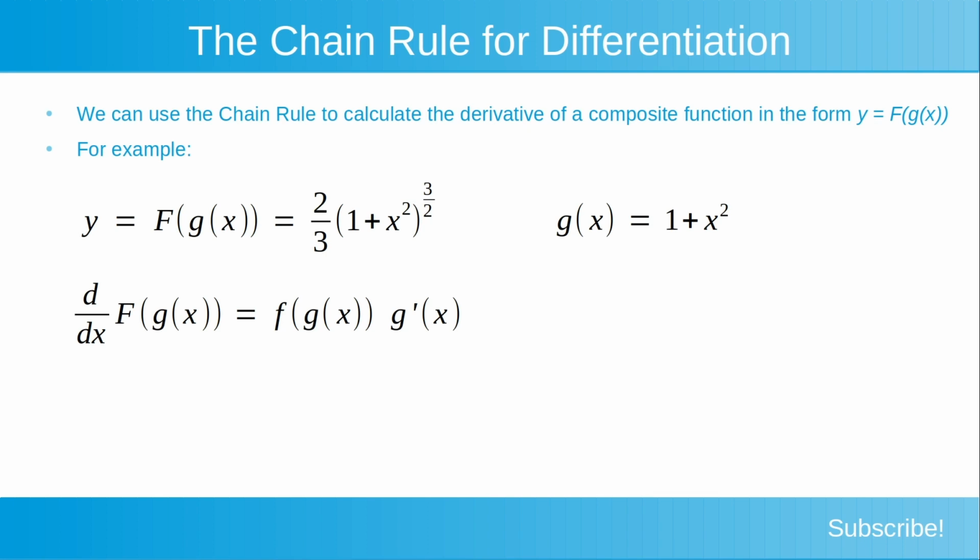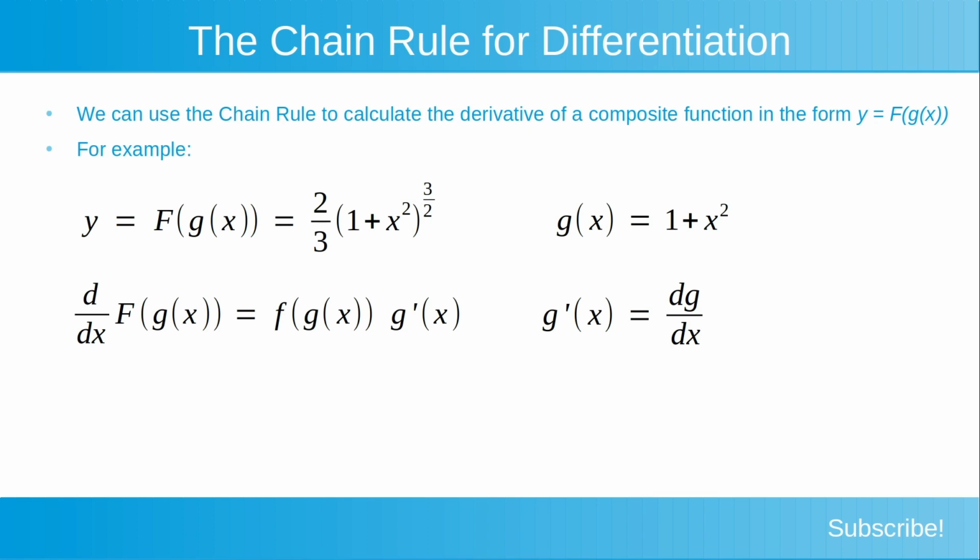The term at the end, g apostrophe x, we read as g prime x, and this represents the derivative of our function g of x with respect to x. So g prime x is equal to dg dx, or the derivative of our function g with respect to x.